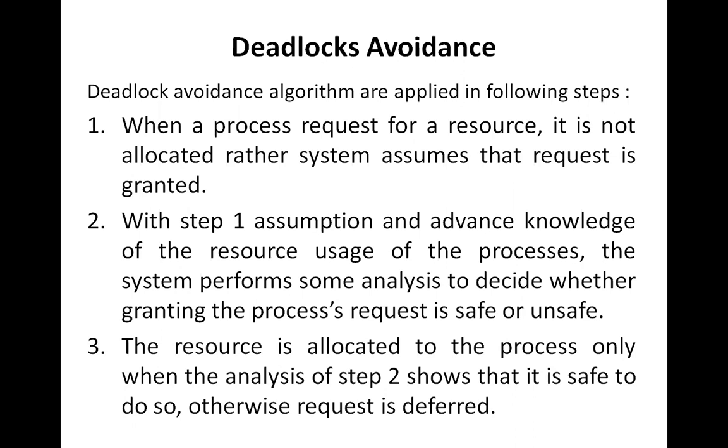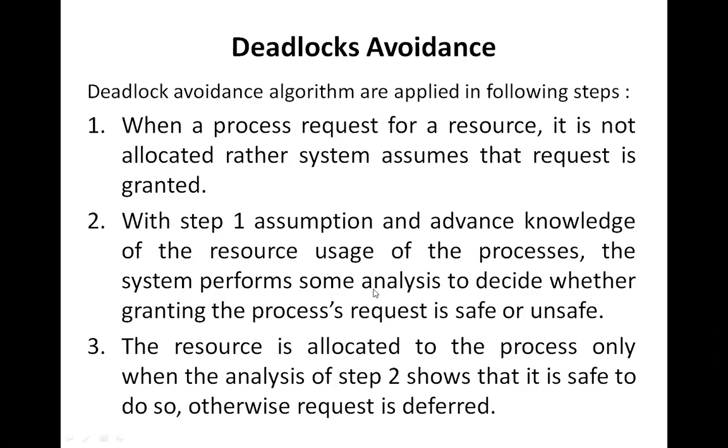So a new concept has come: safe state or safe zone or safe sequence, or unsafe state or unsafe sequence. Let us look at what is important here, because safety is the major issue in resource allocation.